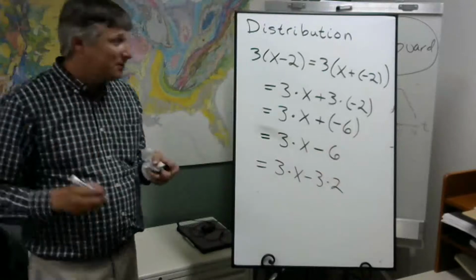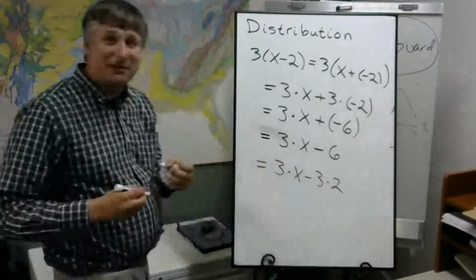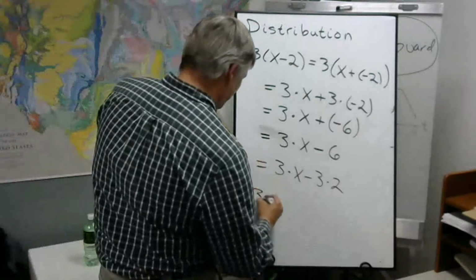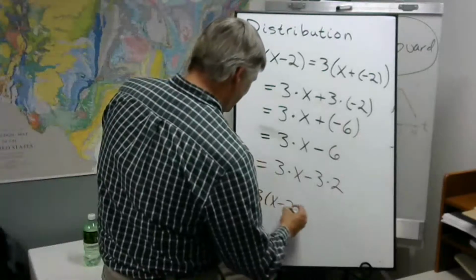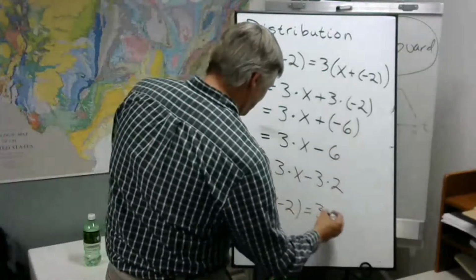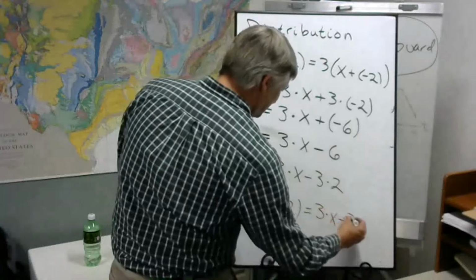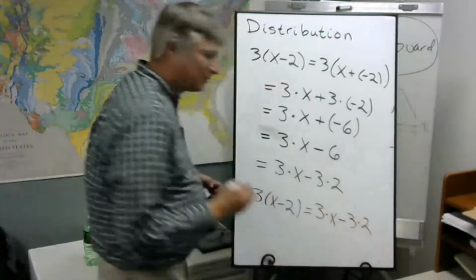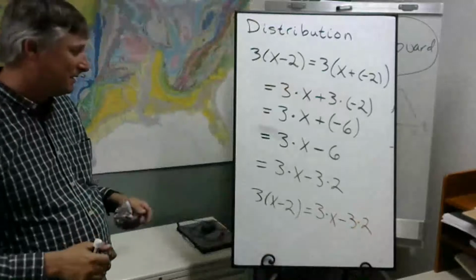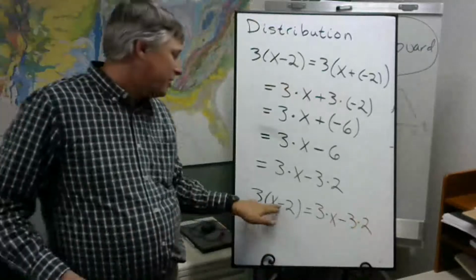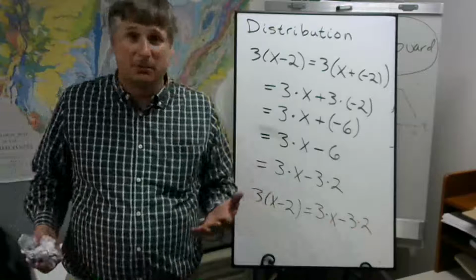So again, let's take that shortcut. Let's just say 3 times x minus 2 is 3 times x minus 3 times 2. So even with a subtraction in here, we can still distribute.